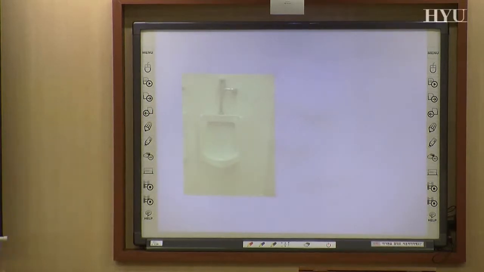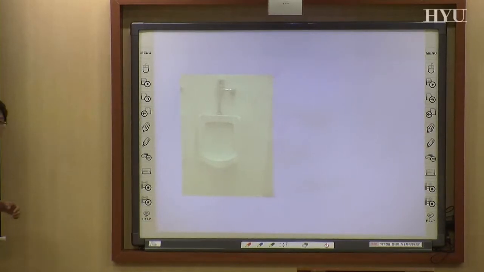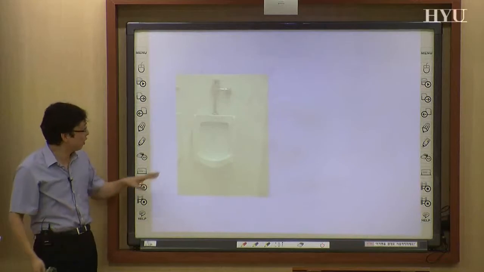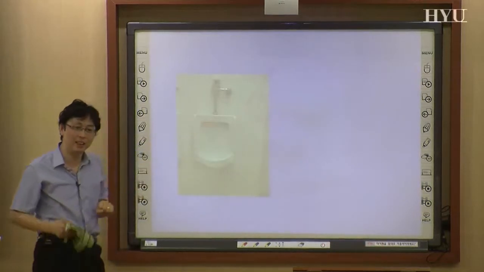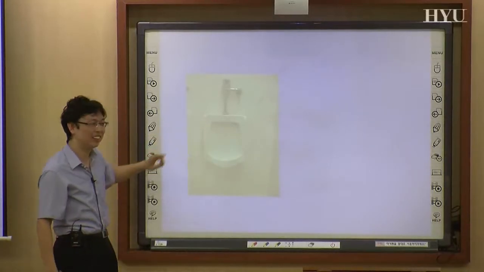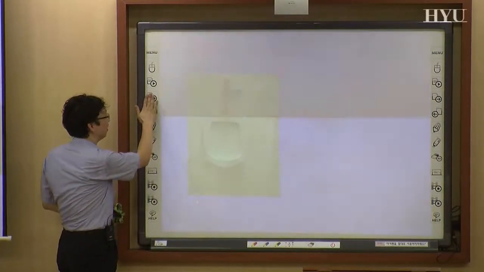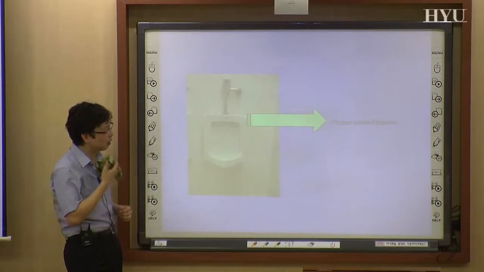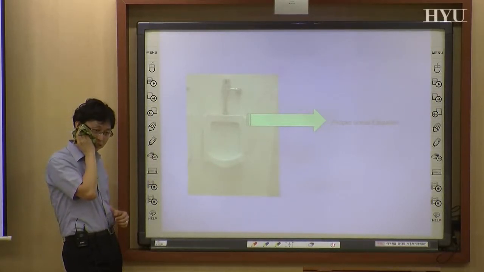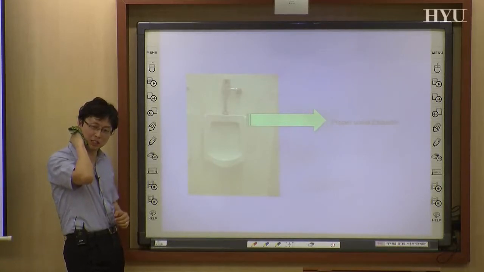What is this? What's that? Urinal. Okay? So can you see this letter? The small letter in here says proper urinal etiquette. Every design has a reason, right?